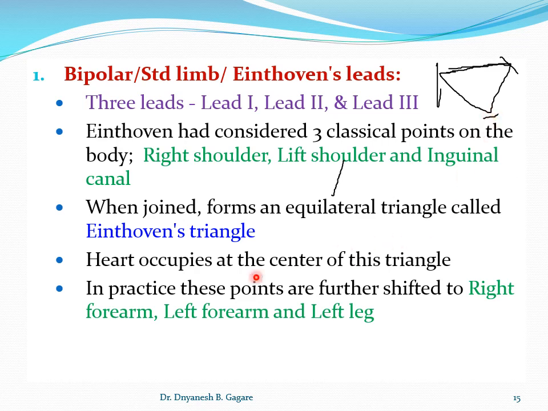So practically these 3 points are shifted to the right arm, left arm and left foot, where we can keep the electrode. Again I will try to explain in the diagram how these connections work and how we get the three leads.